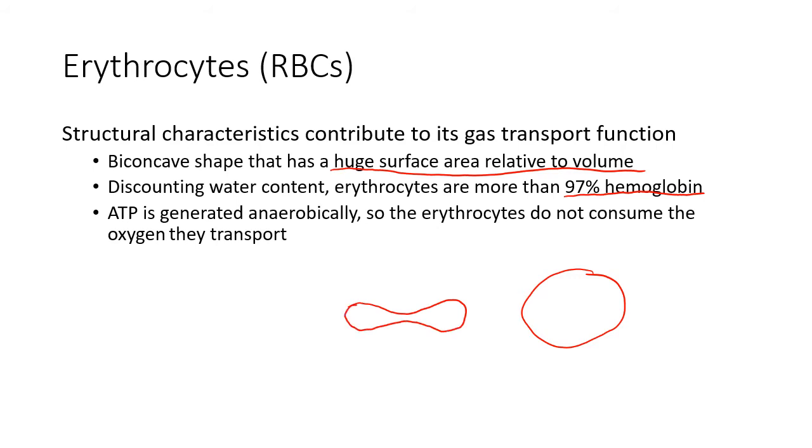More surface area means more gas exchange, so we have the ability to get that oxygen into the cells as much as possible. The cells carry oxygen, they're not going to consume oxygen. So if they need to make ATP, they're going to do this anaerobically, and they're not going to use up any of the oxygen that is inside the cell.